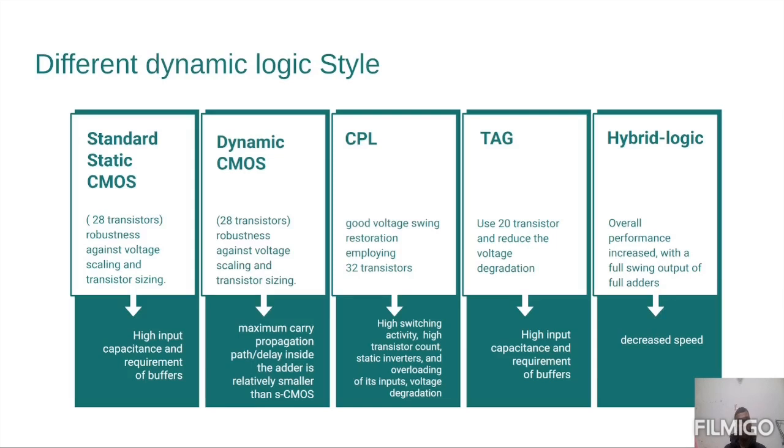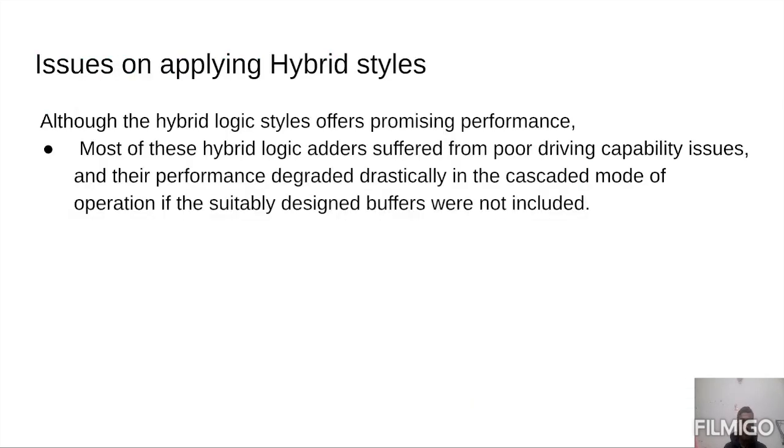One good advantage of hybrid logic style is that the transistor count is reduced, to almost 14. When we apply hybrid logic styles, it gives promising performance, but most of these hybrid logic adders suffer from poor drivability issues. When applied in a cascaded mode, if you do not put any buffers on the input side or the output side, then there will be a problem.